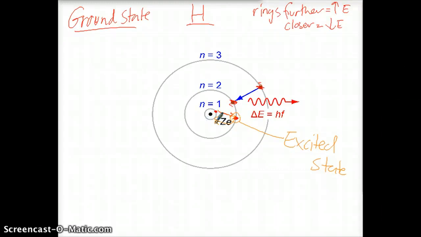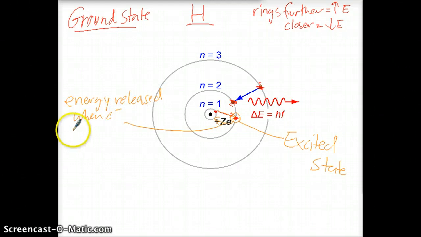Where does that energy go when it falls back down to its ground state? The energy released when an electron returns to its ground state equals light.